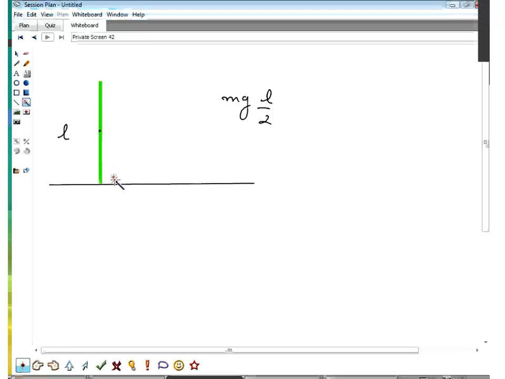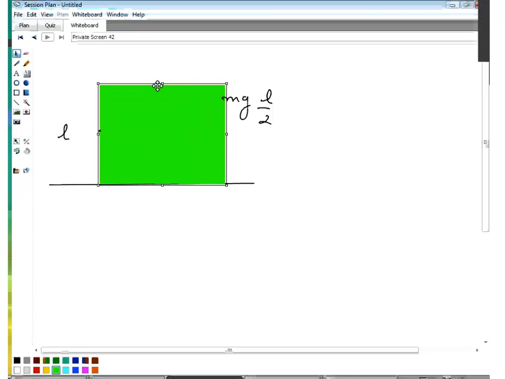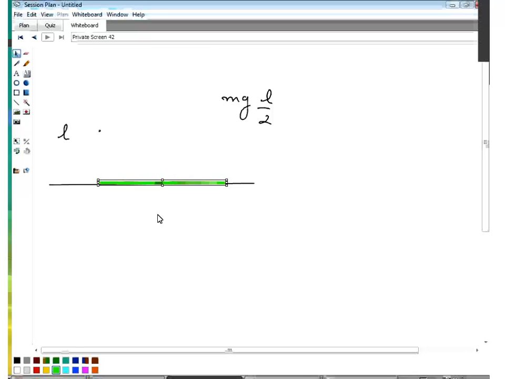Now this rope becomes flat. In that case, its final potential energy will be nearly zero with respect to this reference line. So you have to know both approaches, the integration approach and the replacing by a point approach.